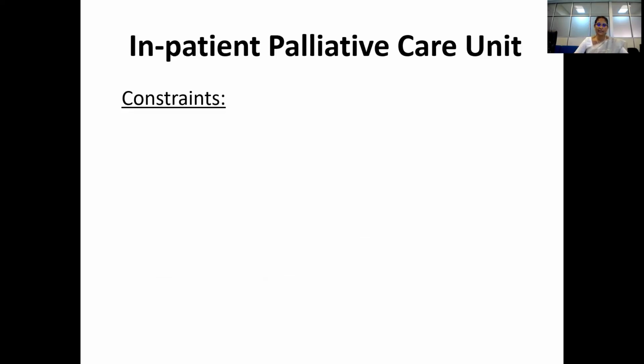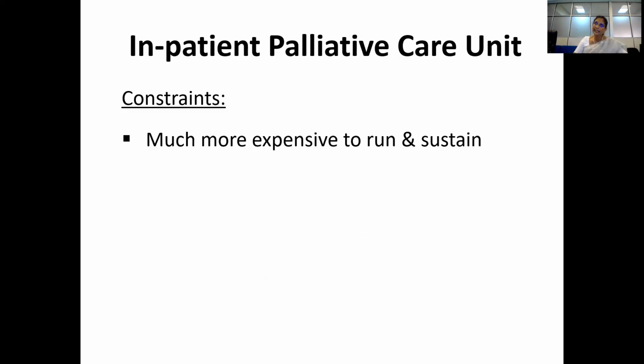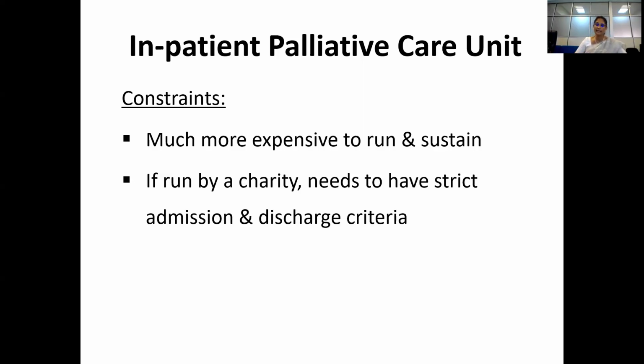Inpatient palliative care unit, but there are some constraints with that. To develop an inpatient unit, it is much more expensive to run and develop, much more expensive. At the same time, expensive to run and sustain.